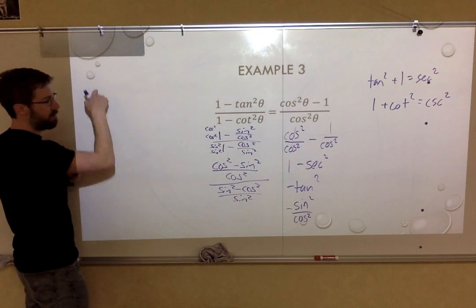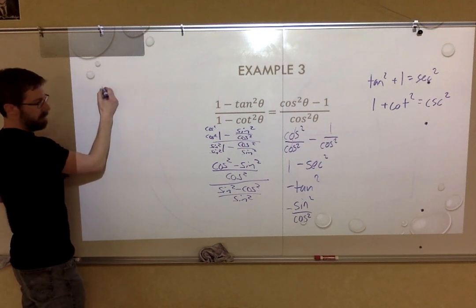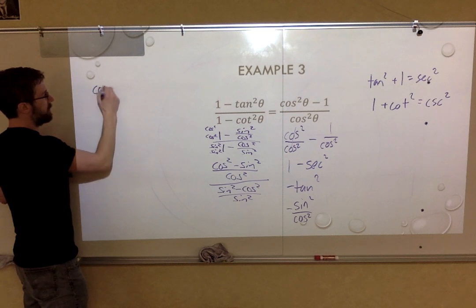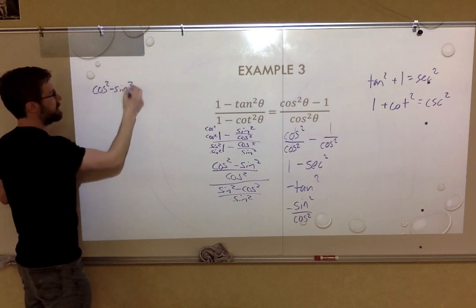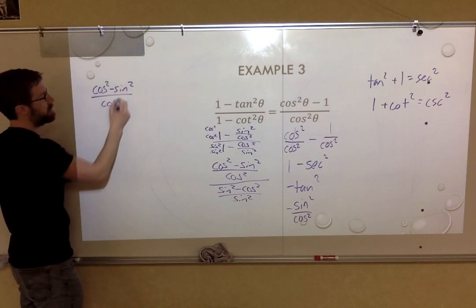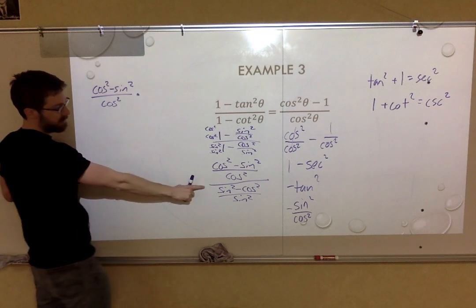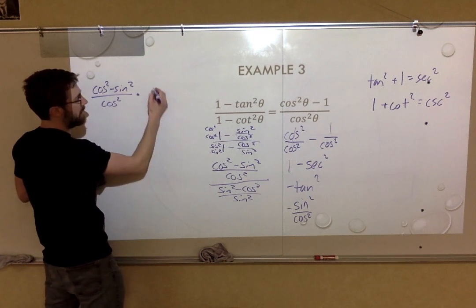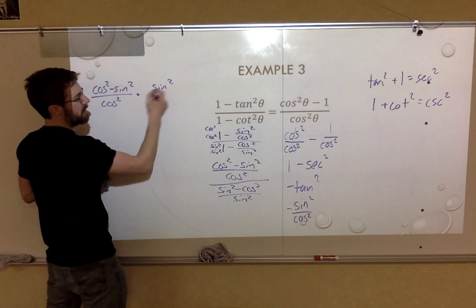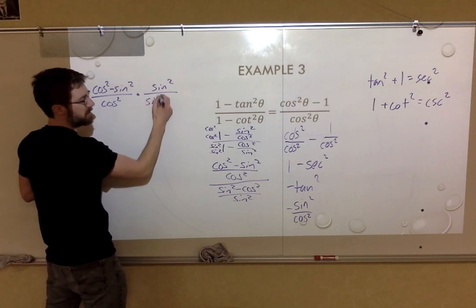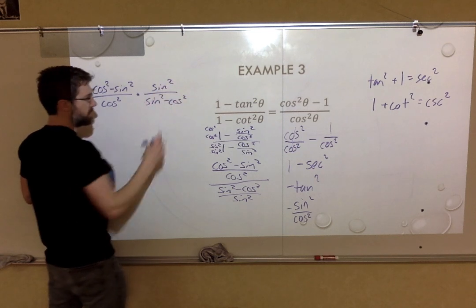Okay, and I'm going to have to move it over here now. So, cosine squared minus sine squared over cosine squared times, changing that to times and then flip the bottom, sine squared over sine squared minus cosine squared.